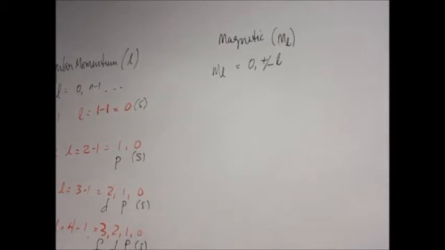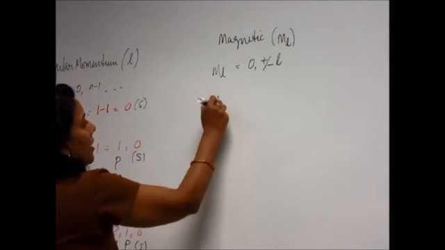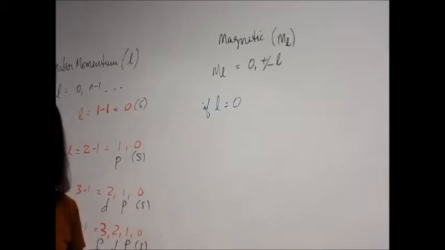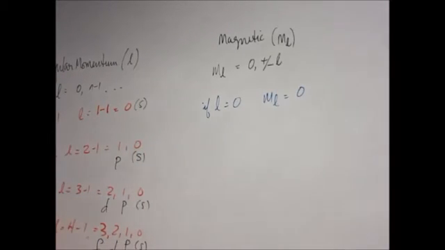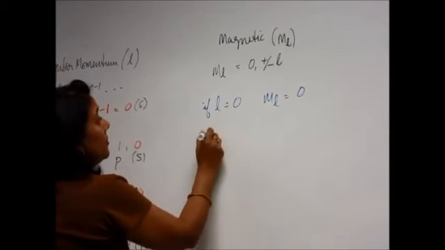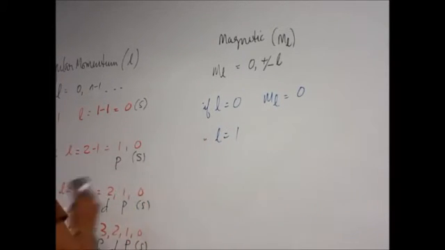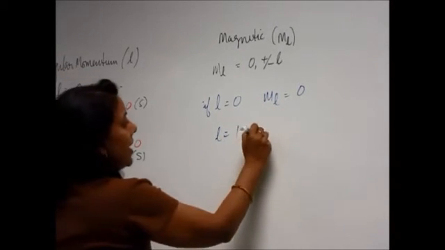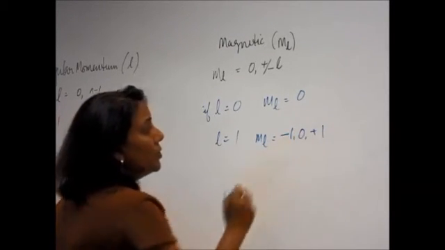What does that mean? It means, get a different color first of all, then if L is equal to 0, then ML is equal to 0 as well. That's the only thing possible. 0 is 0. If L is equal to 1, then ML goes all the way from -1, 0 to +1.